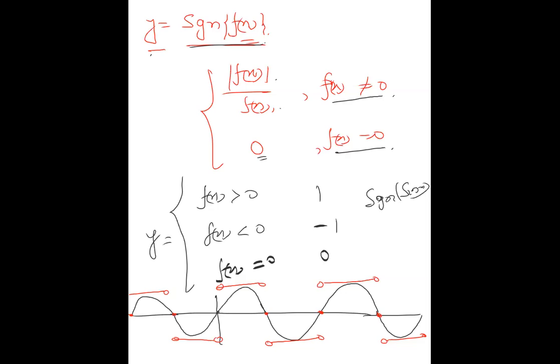Okay. Yes, sir. Right? So any function, like I'm saying signum of e to the power x. Y is equal to, draw the graph, signum of e to the power x.